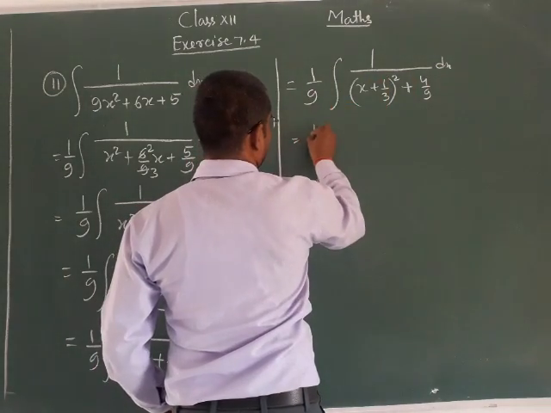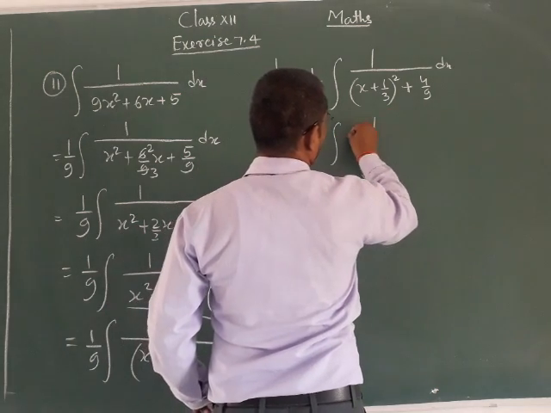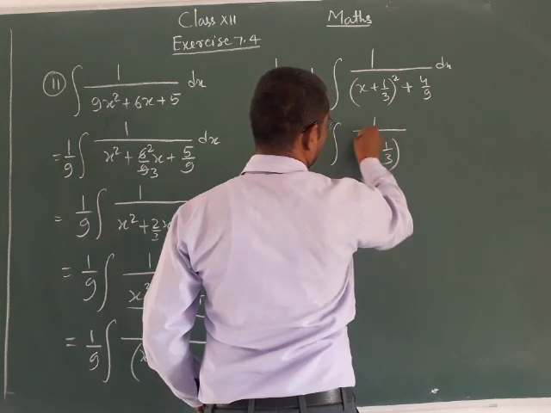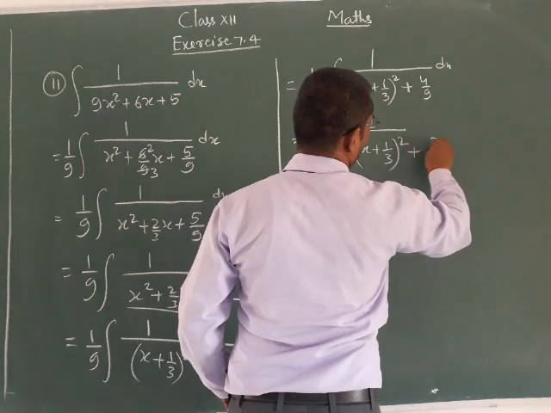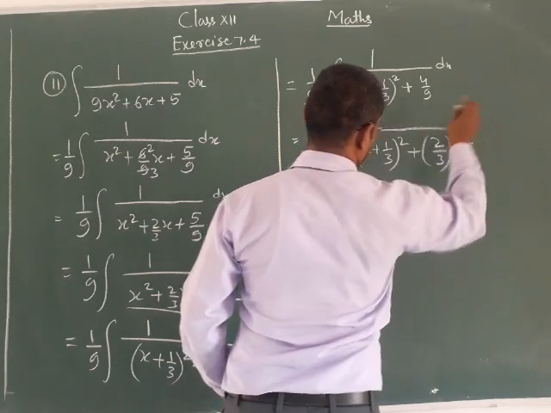And also we can write 1 upon 9, integral of 1 upon x plus 1 upon 3 whole square plus 2 upon 3 whole square dx.